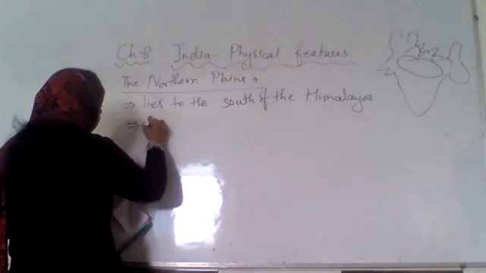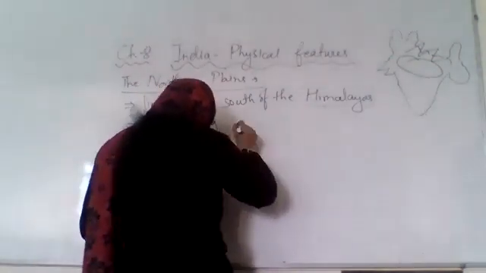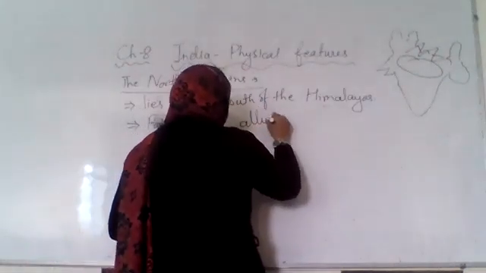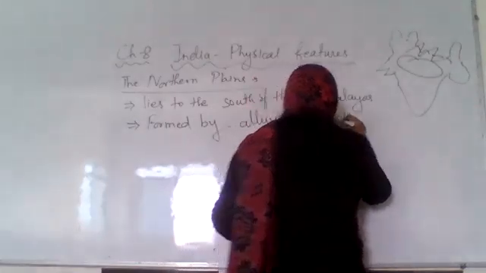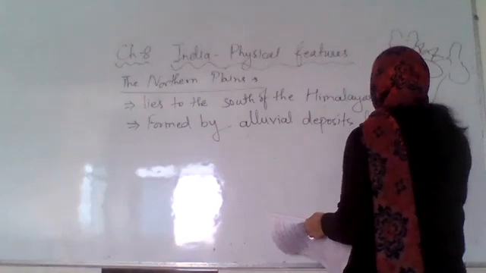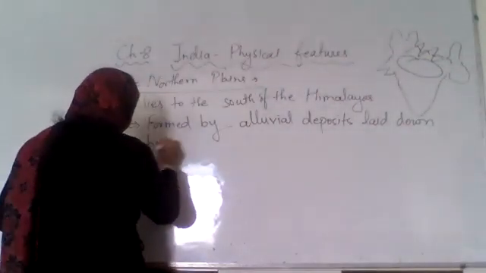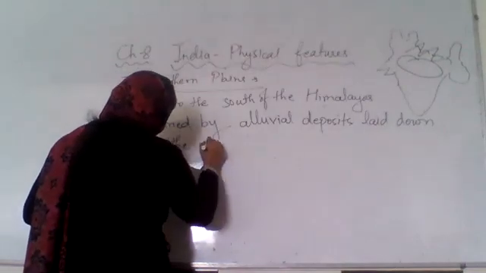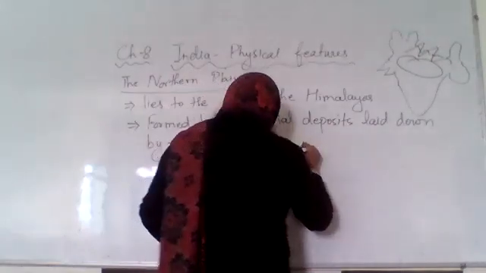These northern plains are formed by alluvial deposits laid down by the rivers in this.